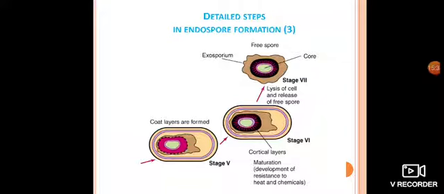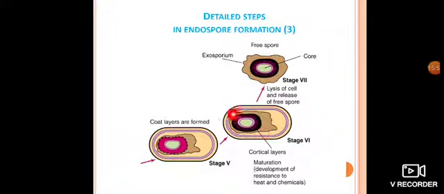Okay, in the next step we can observe that a coat layer is formed. And in stage number 6 the maturation occurs, the development of resistance to heat and chemicals.